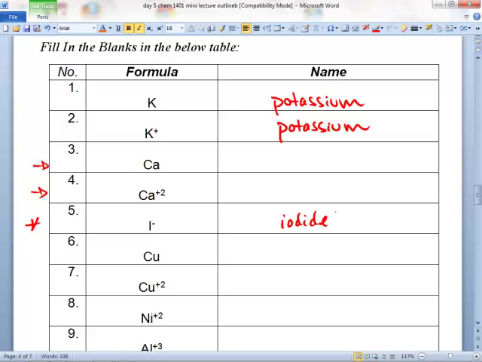How about Ashlyn? Cu. Copper. Taylor, next one. You're right so far. Keep going. Copper. So the only thing you need to check, Taylor, is that copper, use the periodic table.